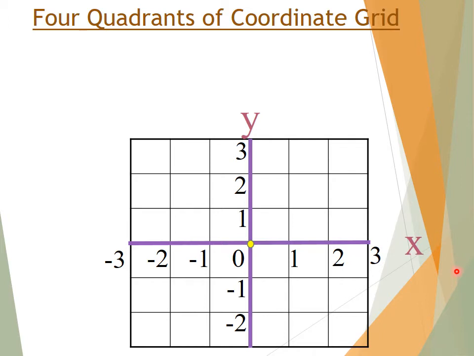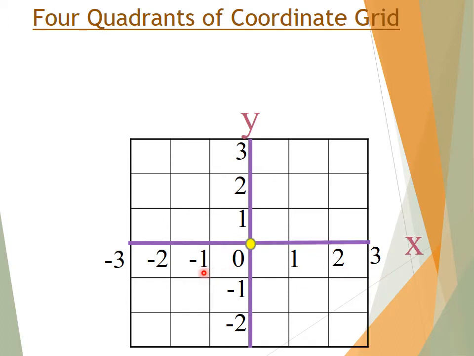So let us consider the intersection of the x-axis and y-axis as the origin here. The yellow point over here is the point of intersection of the x-axis and y-axis, and this yellow dot is the origin. On its right hand side we have all the positive values.